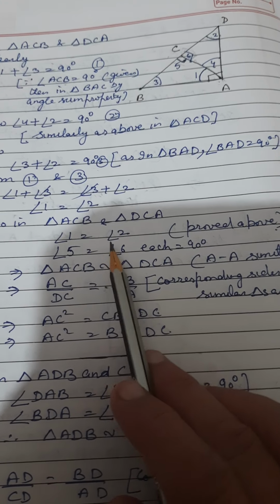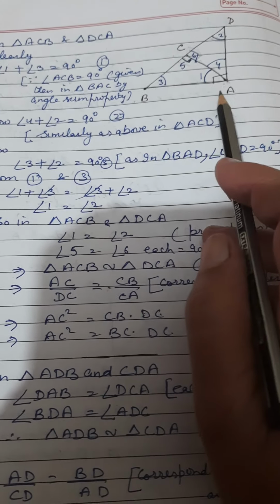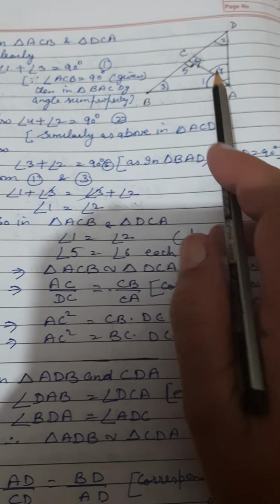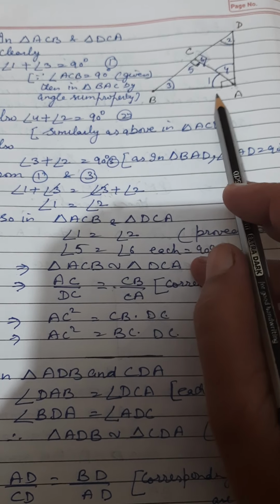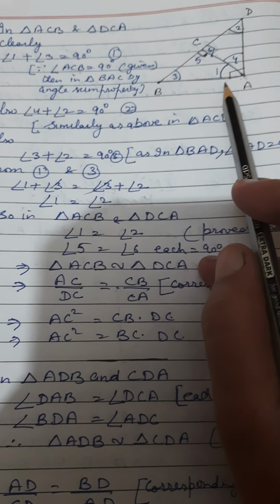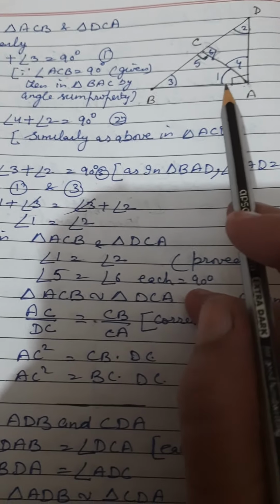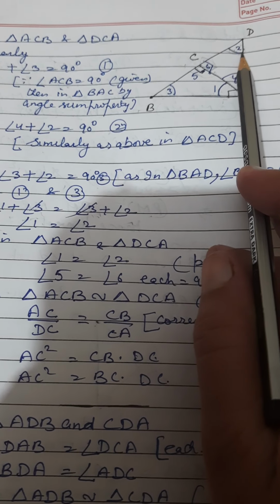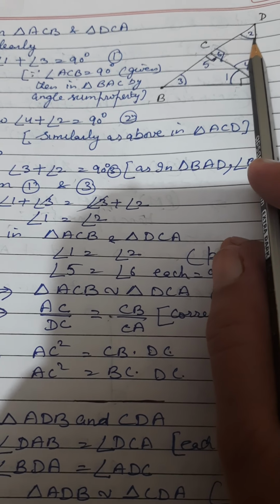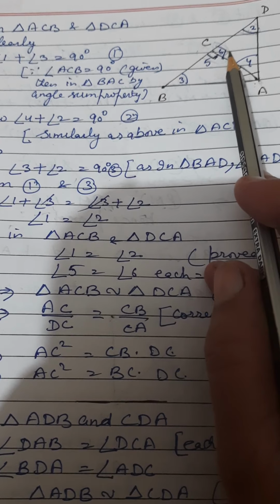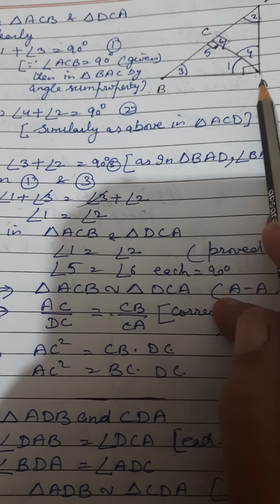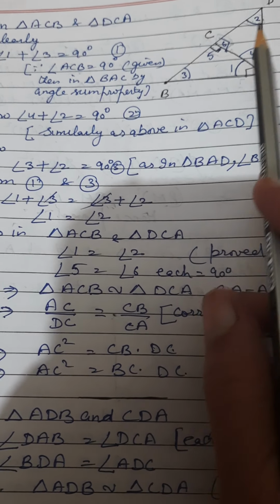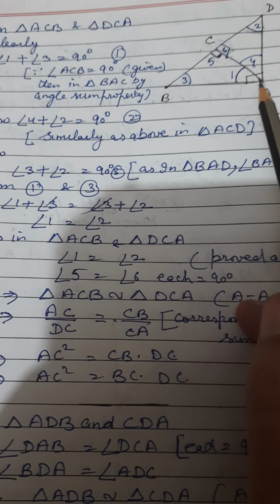So in triangle ACB and triangle DCA, angle 1 is equal to angle 2. This we have proved just now. Angle 5 is equal to angle 6, each equal to 90 degrees. It means that triangle ACB is similar to triangle DCA.